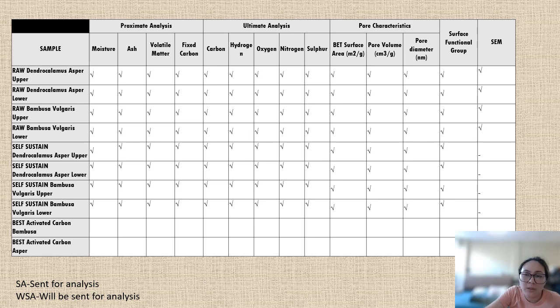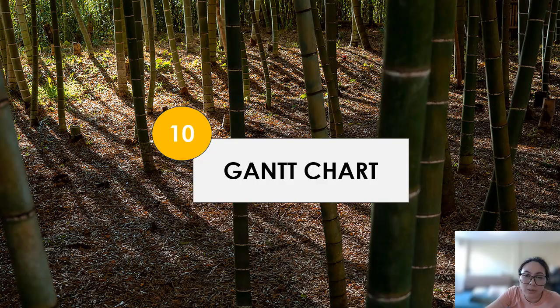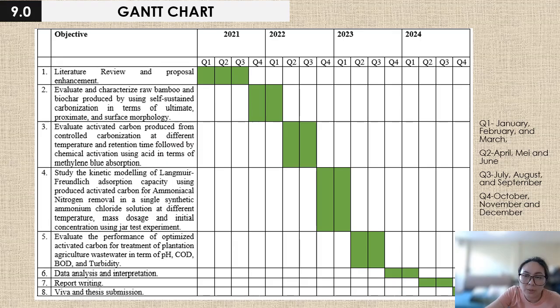Most of it has been done, but most of it has to be redone if the results are not as consistent as the literature and the other samples. Supposedly I'm finishing, but I still have to do objective 4 here, so this chart will be updated later.